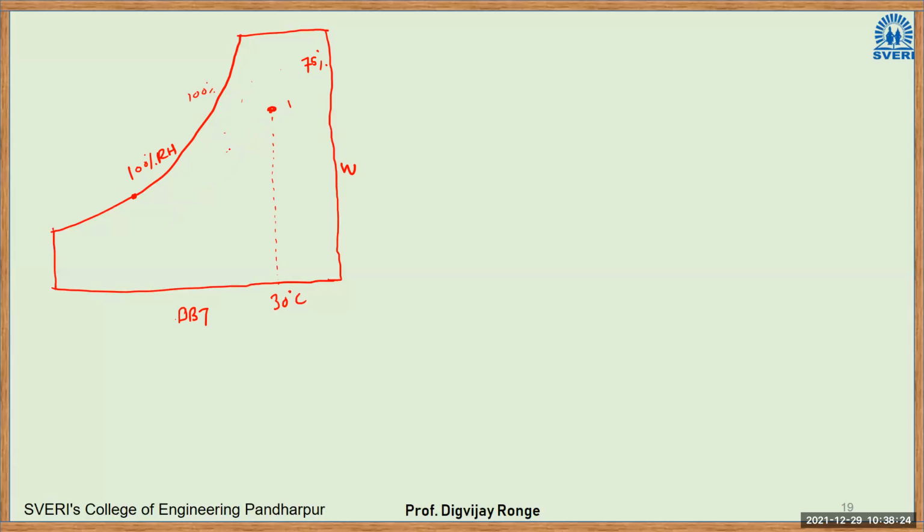That is the dew point temperature. So this line I have to draw first. This is nothing but, let us say, point 3. Point 3 corresponds to the temperature of the cooling coil. Here the dew point temperature is given as 14 degrees Celsius.